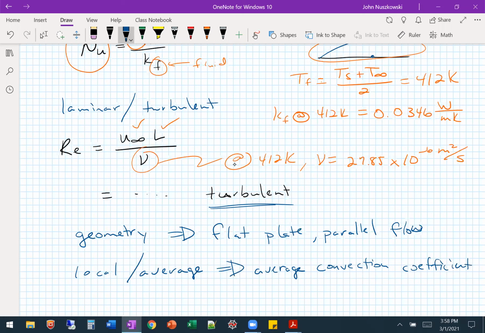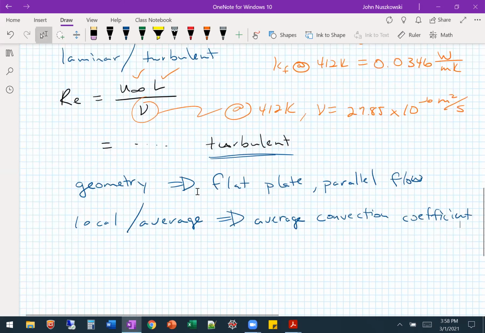All right, and with those understandings, we can go and find our right equation, or there's also a nice table in the back of the chapter, Table 7.7, that has equations.